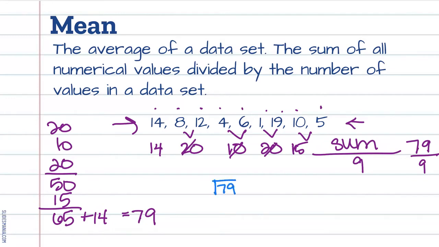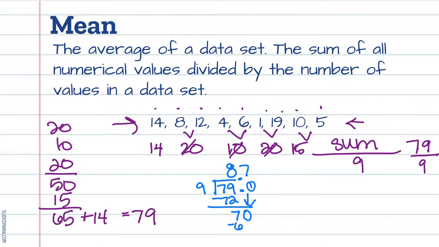So 79 divided by 9. 9 does not go into 7, and I can fit 8 groups of 9 into 79. So I take away my 72 and I'm left with 7. So I'm going to add my decimal point and then a 0, and bring it down. 9 fits into 70 7 times.